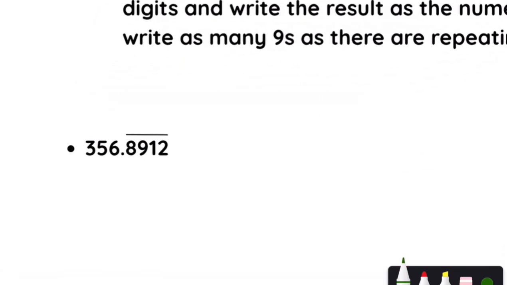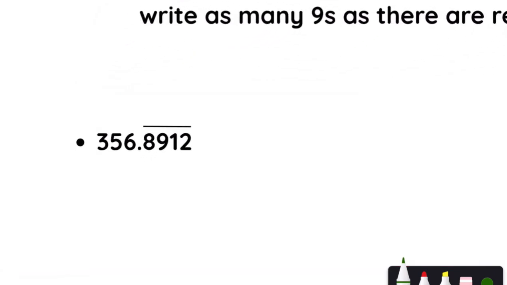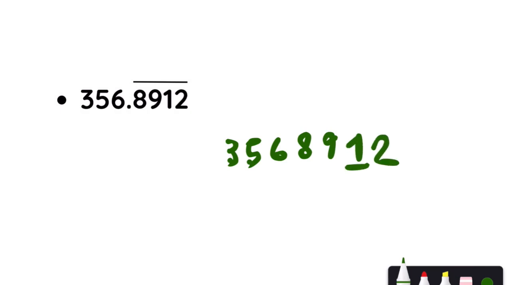So let's go with the first example. 356.8912. So we have 8912, which are repeated and decimal digits at the same time. We should subtract the whole number part from all the digits. So all our digits are 3568912, and I should subtract the whole number part, which is 356, right?